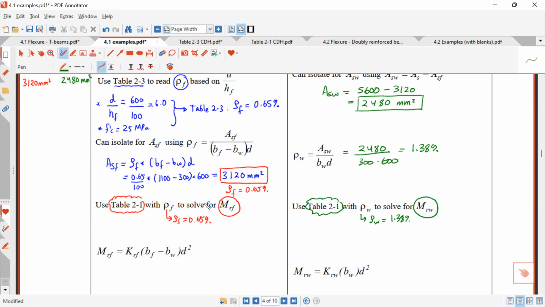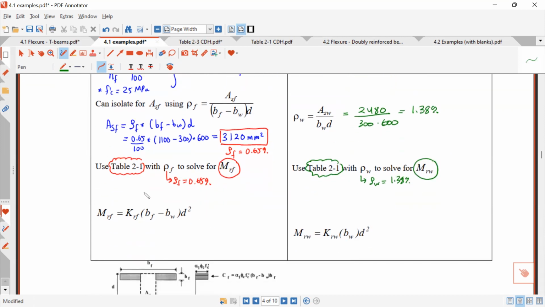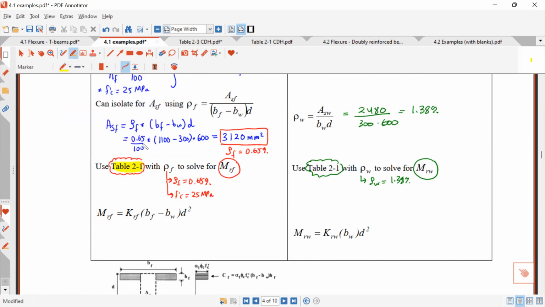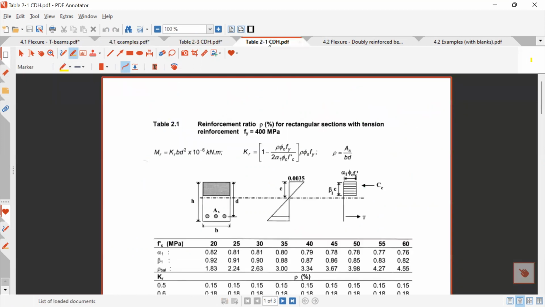Okay, and in both cases, I'm going to use this table 2.1. So let's start with the first one to solve for MRF. So we know rho F is 0.65%, and we know F prime C is 25 MPa. So if I go into this table 2.1, that's the usual table we're using.